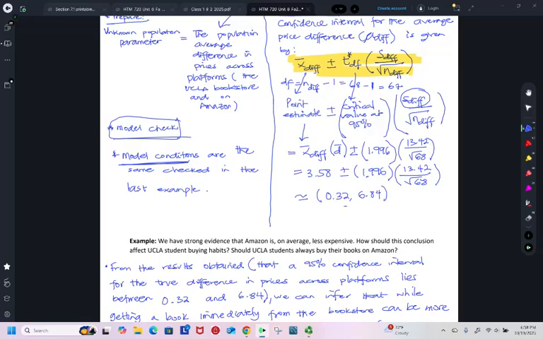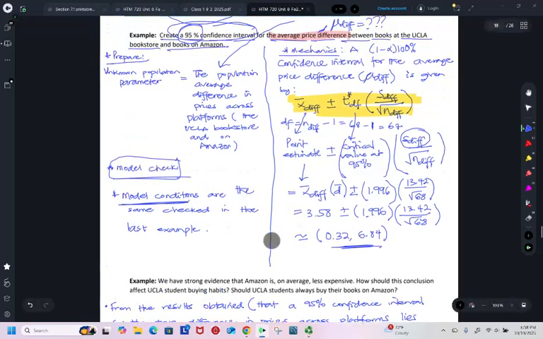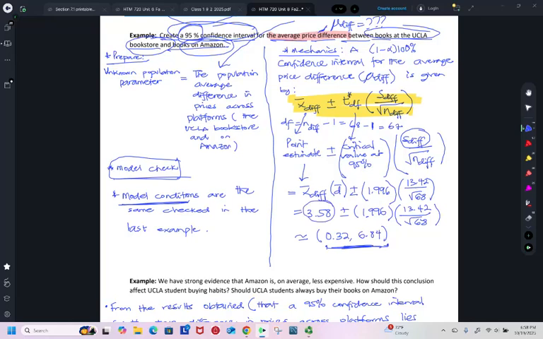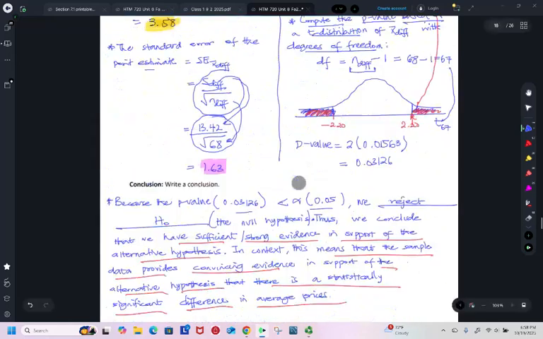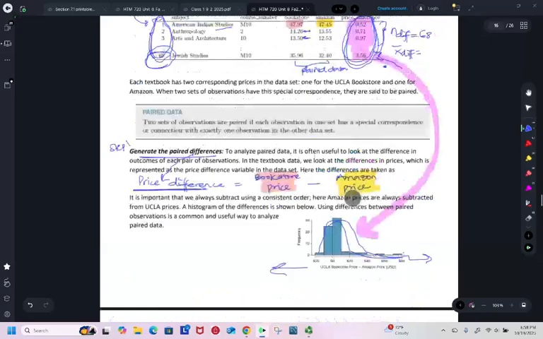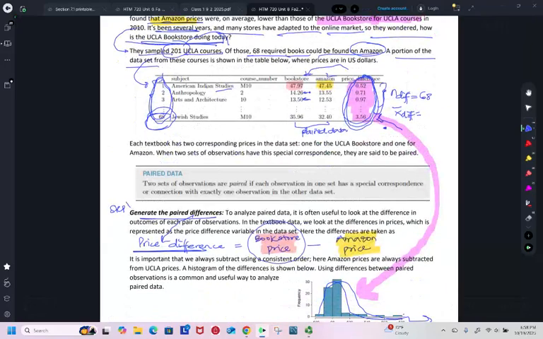So we are 95% confident that the average difference between prices of books at the UCLA bookstore and prices of the same books on Amazon would lie between this range. Take note that to get the differences, what did we do? We actually said that we're looking at bookstore price minus the Amazon price.